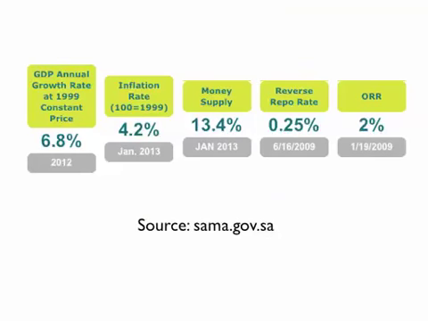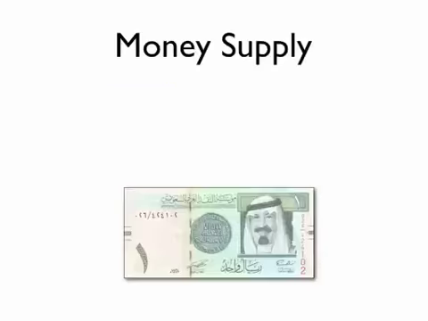This is something that you can find on their webpage, a lot of helpful information: the GDP annual growth rate, their current inflation rate, the money supply, the reverse repo rate, and the ORR. We'll talk about that later, but that data is also displayed for you to refer to.